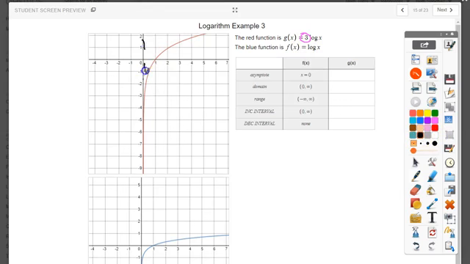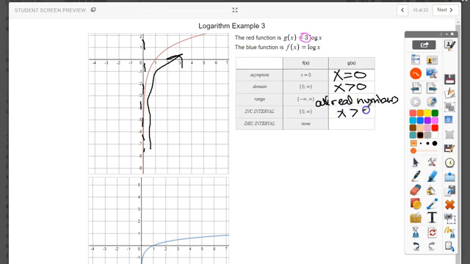The asymptote continues to be on the y-axis, so at x equals 0. The domain remains the same, so where x is greater than 0. The range is all real numbers. If we trace it from left to right, it is increasing, so I'm just going to copy this domain, and it is not decreasing.